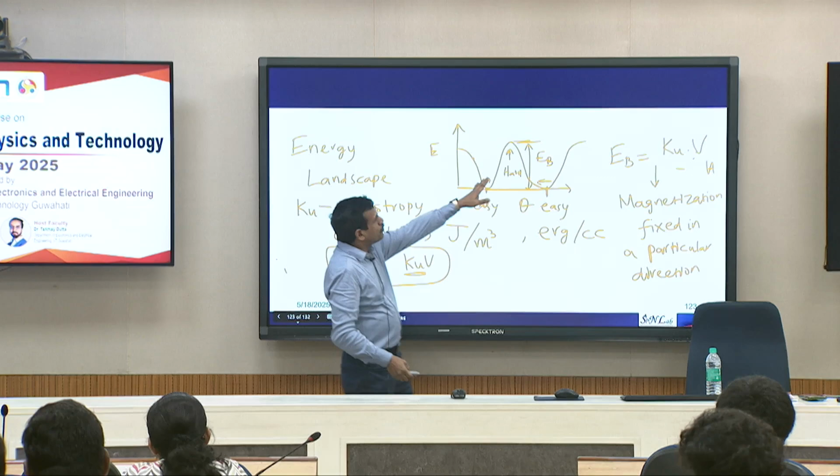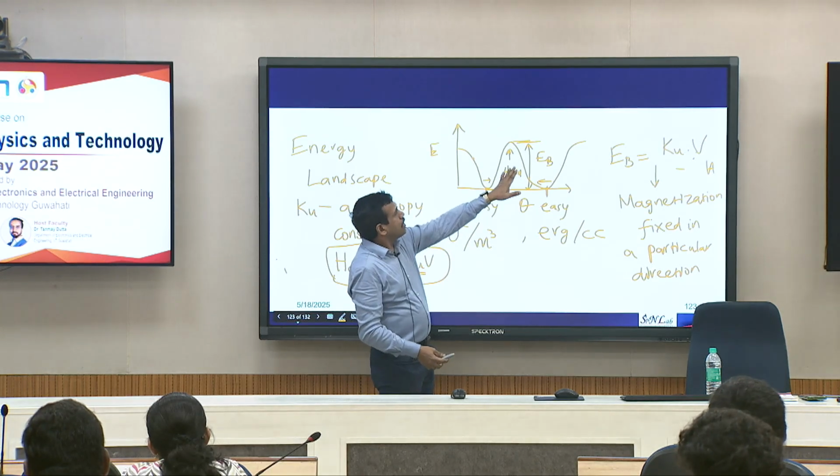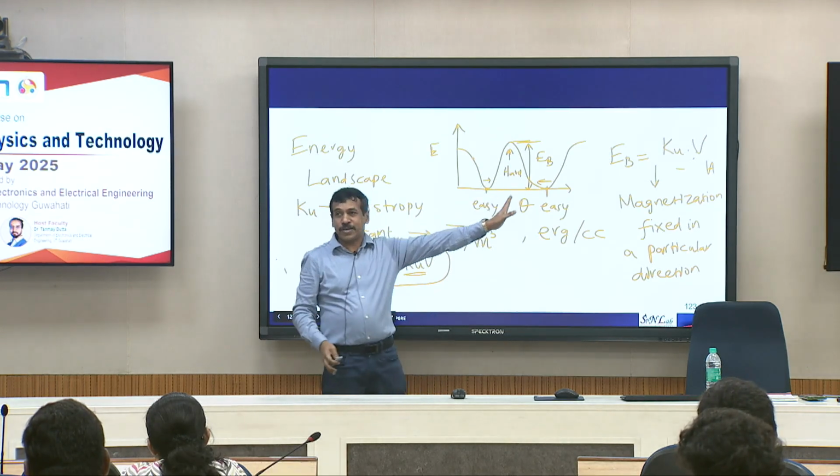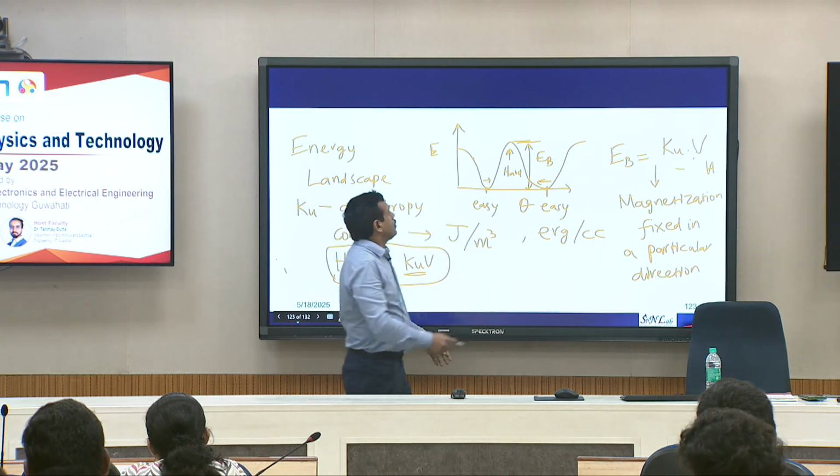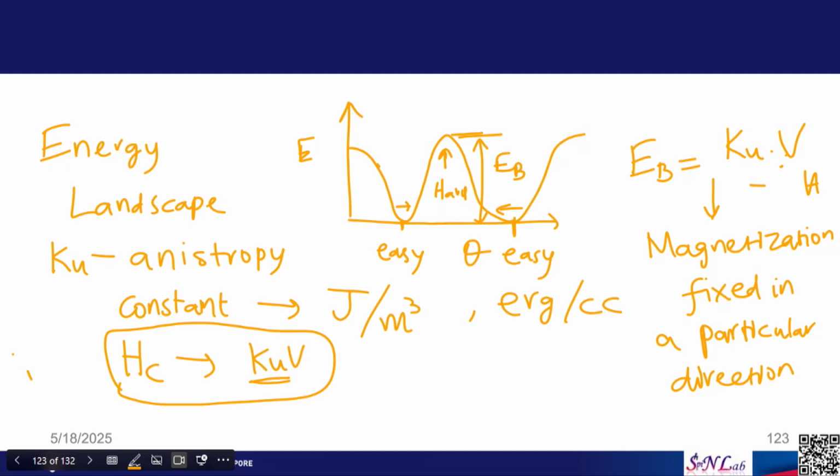Okay, superparamagnetism is another case. This is for any isolated particle, you will have this one. When you have an isolated particle, this energy barrier is KUV. When you have interacting particles, there will be a second term. Later when I show the slide, I will show what exactly is the term, maybe m dot h or something like that.